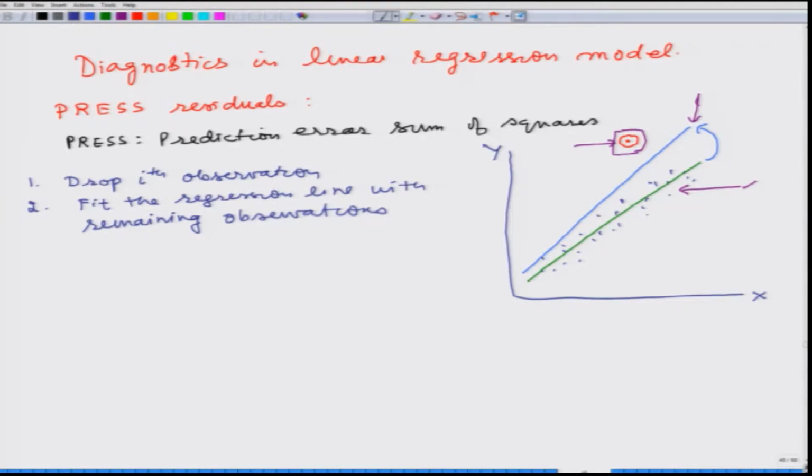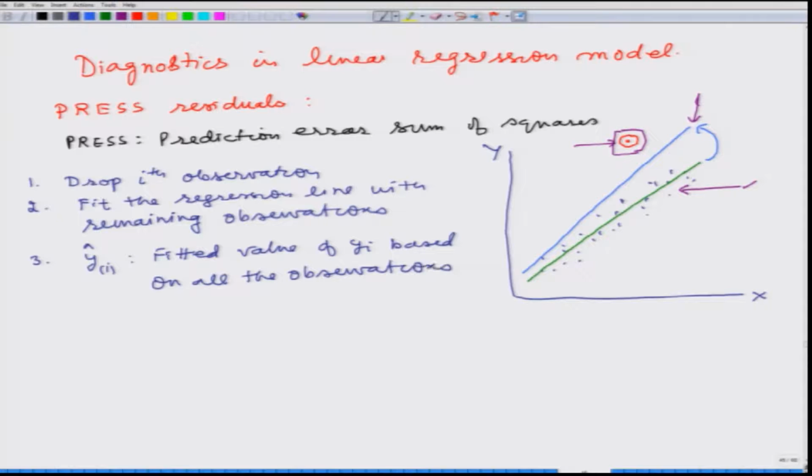In the third step, using the fitted model which is obtained after removing the ith observation, we compute the predicted value which we are going to denote as y hat, with i written inside the bracket, to denote that this is the fitted value of yi based on all the observations except the ith one.